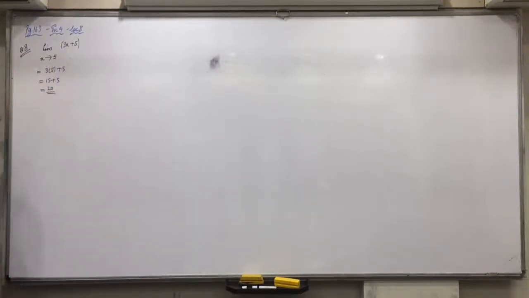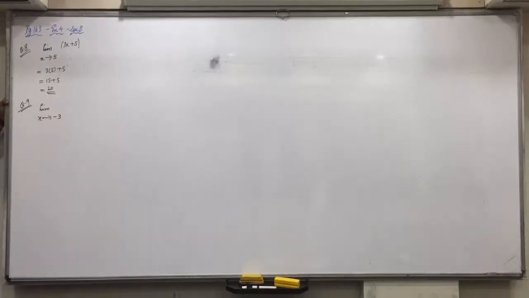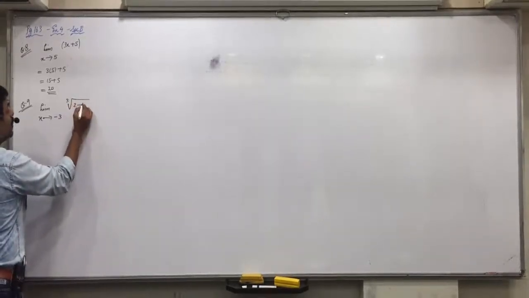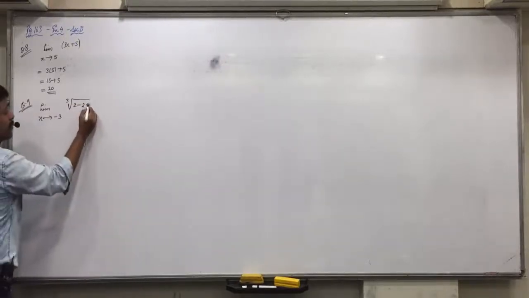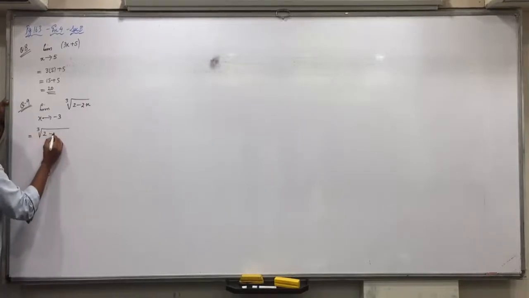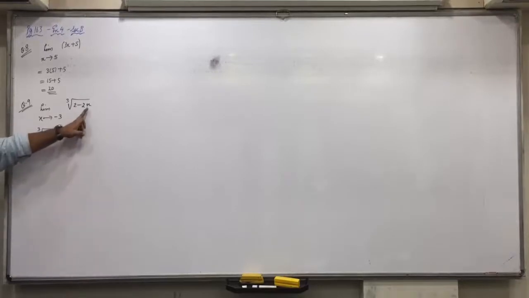Did you understand this? Question 9. Find the value of limit x tends to minus 3, cube root of 2 minus 2x. Here also directly if you put the value, cube root of 2 minus 2 into minus 3 in place of x.